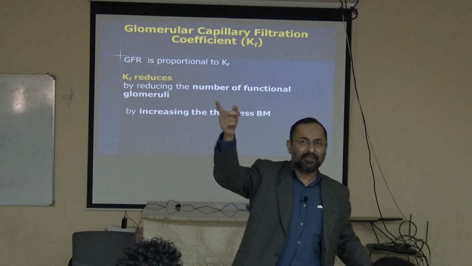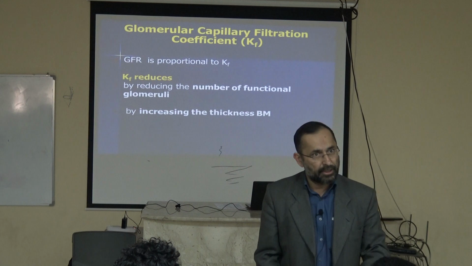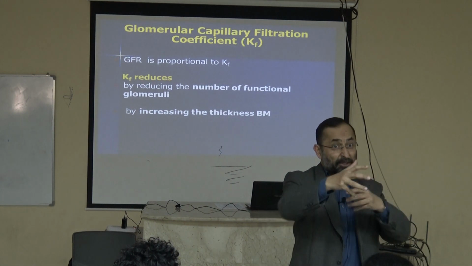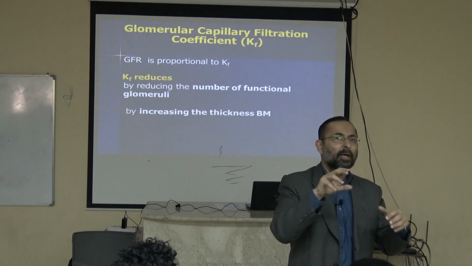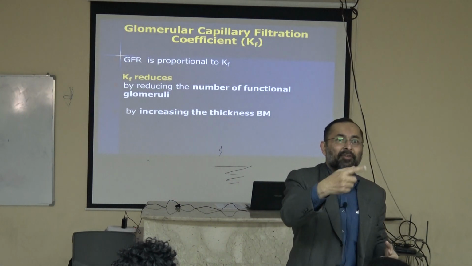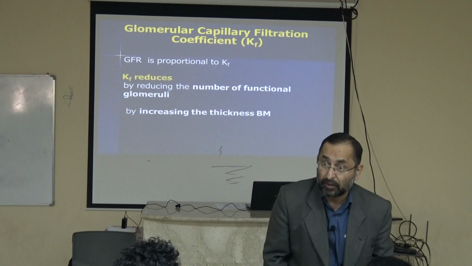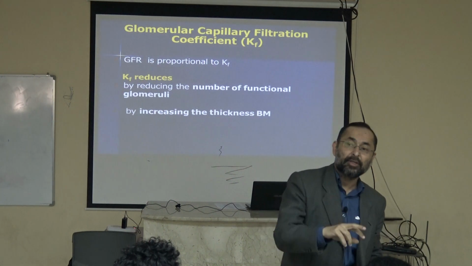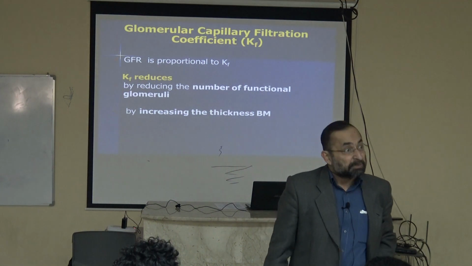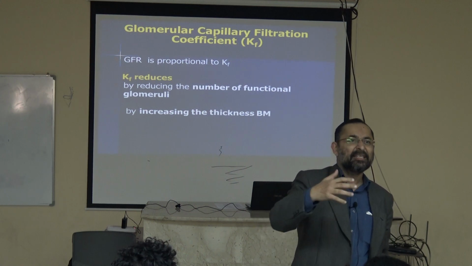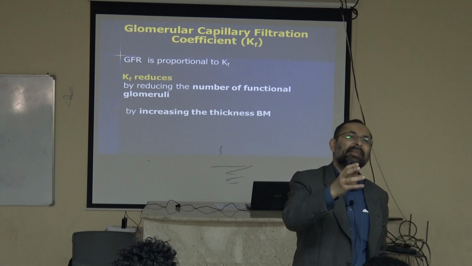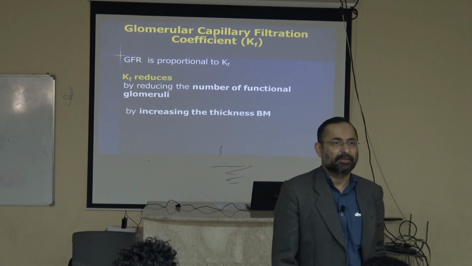Now, is there any effect of hypertension on the kidney? Yes, it does. All the time when the pressure is very high in the glomerular capillaries, it will bring a degenerative change in the wall of the filtration membrane. So this degeneration will cause change in the surface area. First it will affect the permeability, and later many of the capillaries will be destroyed and lost.